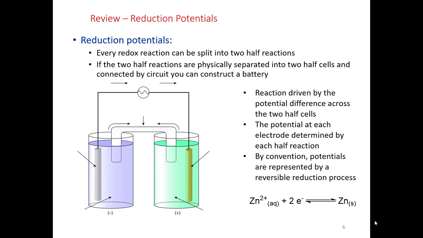Even for the oxidation half reaction, the potential is described using a reduction potential, which is actually the reverse of the reaction that is occurring. This is a formalism, however, and it is understood that for the oxidation half reaction, we are actually talking about the reverse process. We will see how this makes sense in the next slide.